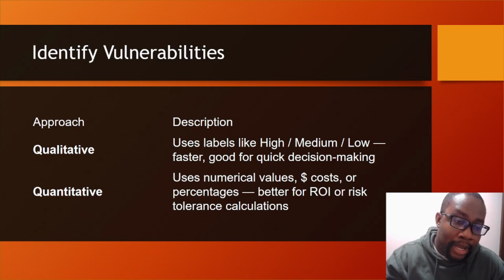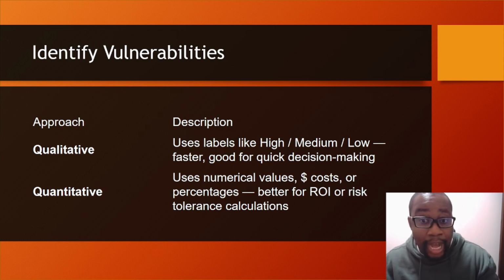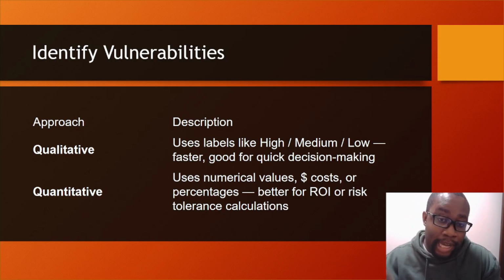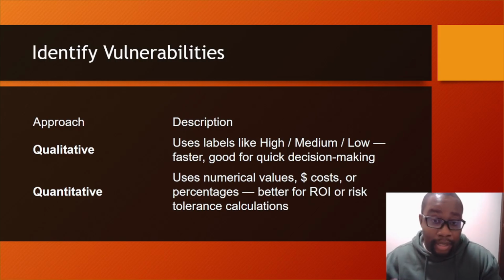So in a bank, a qualitative high risk label would be more so like PII, like credit card data, right? That would be a high risk because if those get stolen, there's catastrophic reputation damage, loss of data, lawsuits, all that stuff, right?